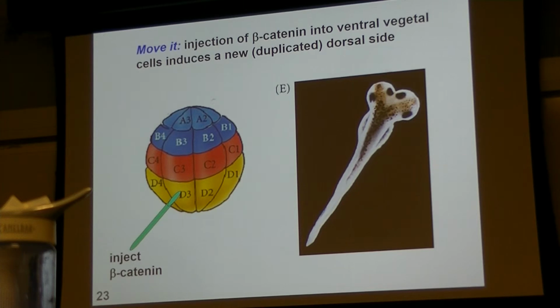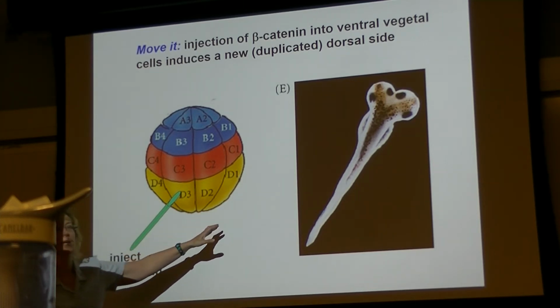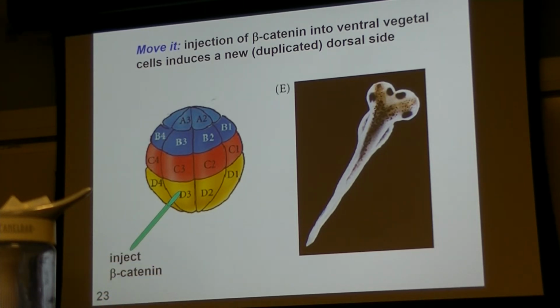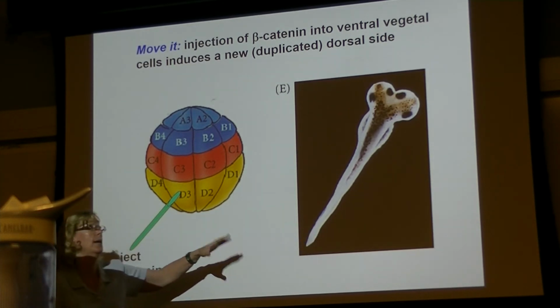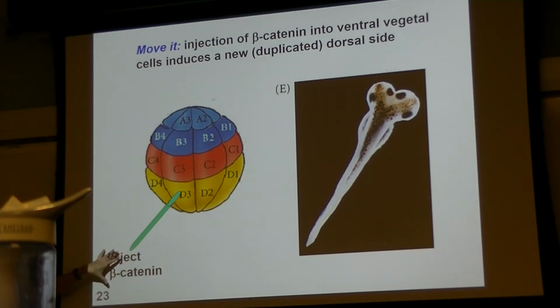So we'll still have our normal D1 blastomere over here, but we're going to introduce some beta-catenin on the opposite side, and that actually replicates the result of the duplicated head experiment, the result of the transplant at the D1 blastomere experiment. So that does support the hypothesis that beta-catenin could arrange a nucleus center that would then be capable of promoting dorsal fates within the embryo.